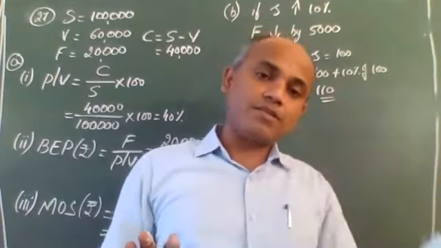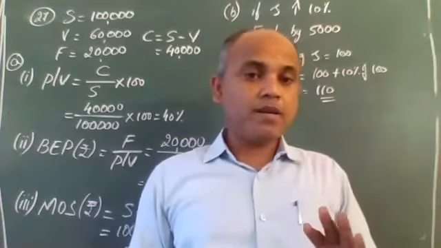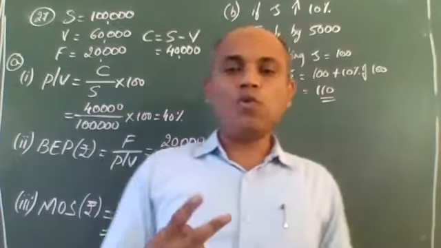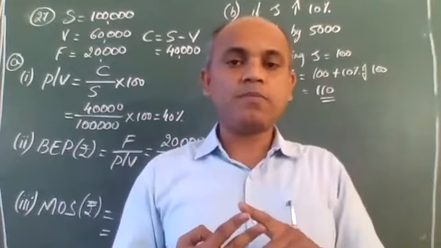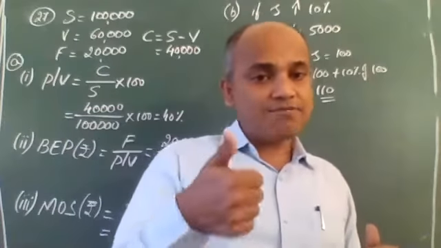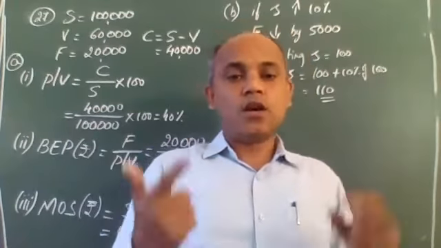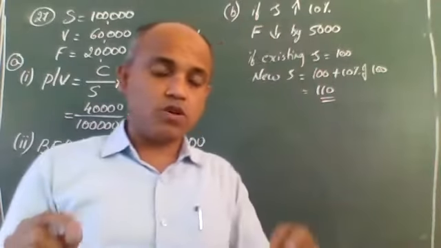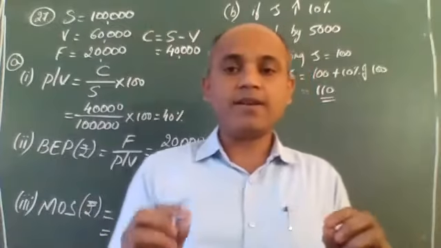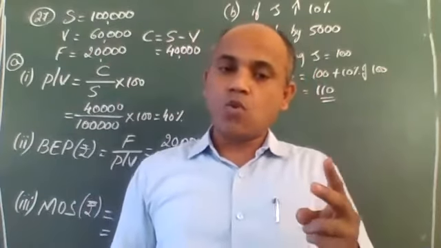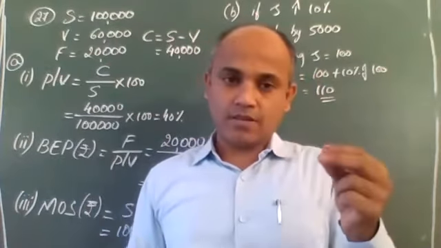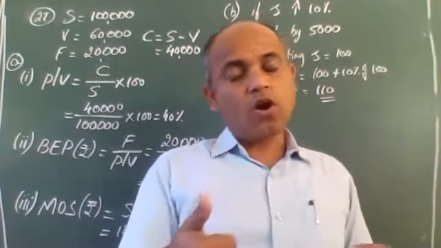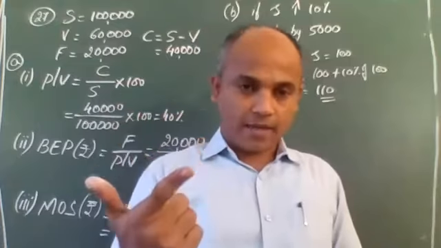The selling price last year and this year was the same, but this year I have sold more number of units. So you have to always take two things into consideration. One is the price factor, the other one is the quantity factor. I'm making it very clear, guys, because this is very important for you to understand. There are two reasons why your sales could increase. It could be because of the price factor or it could be because of the quantity factor.